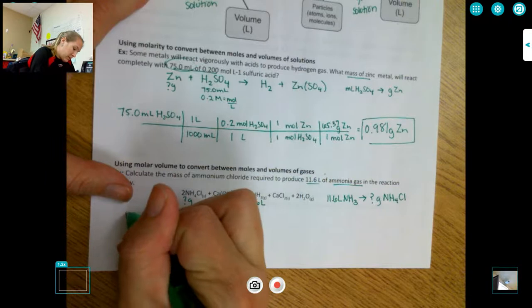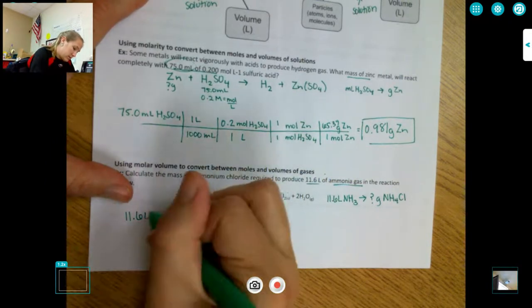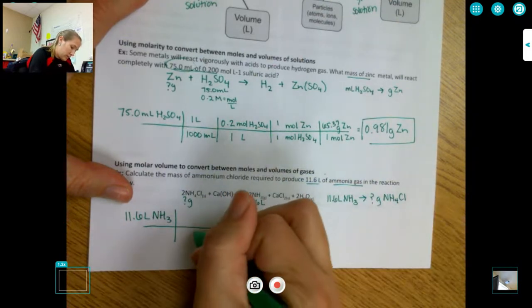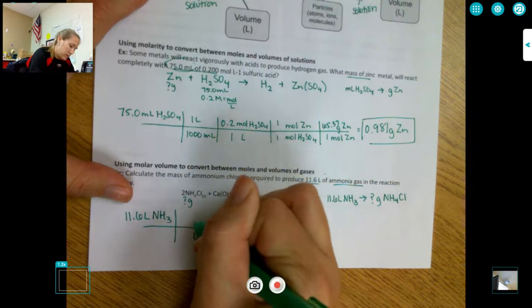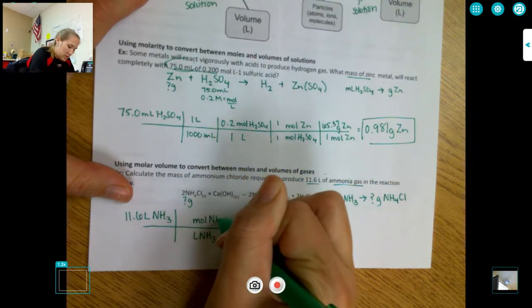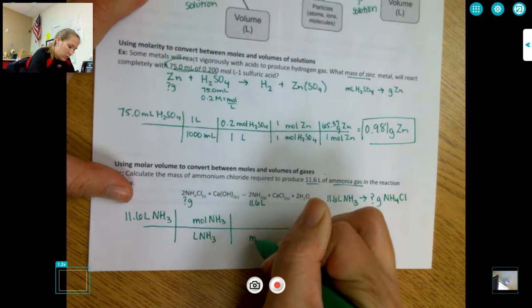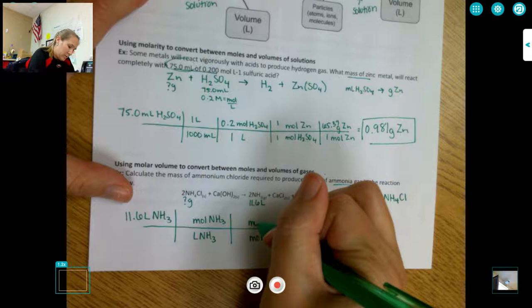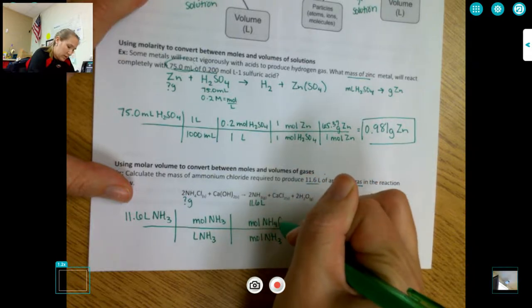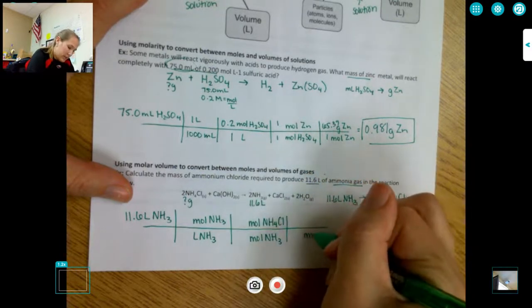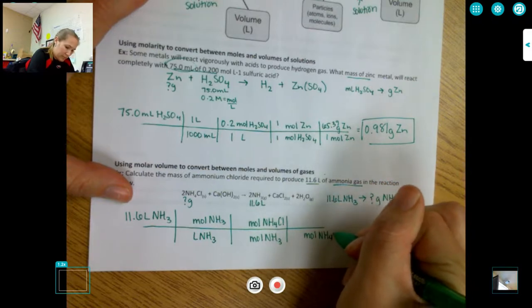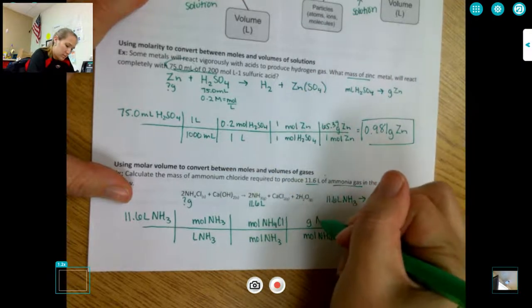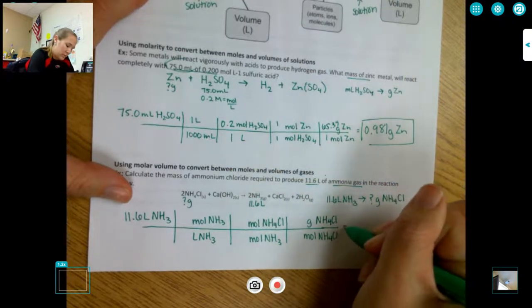Starting with the measured value I'm given, 11.6 liters NH3, liters of NH3 drops down to moles of NH3. Then moles of NH3 to moles of NH4Cl. Then moles drops down again, going from moles up to grams NH4Cl.